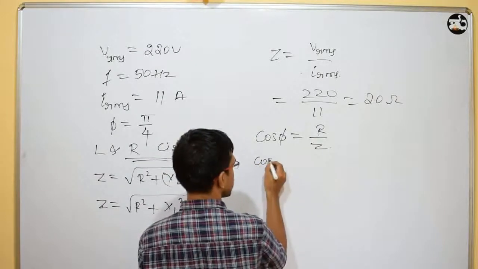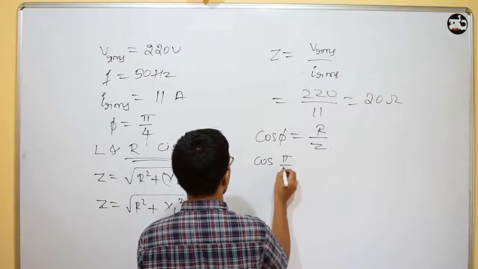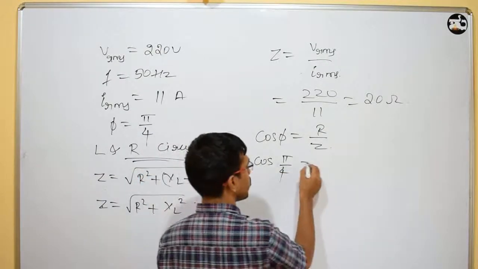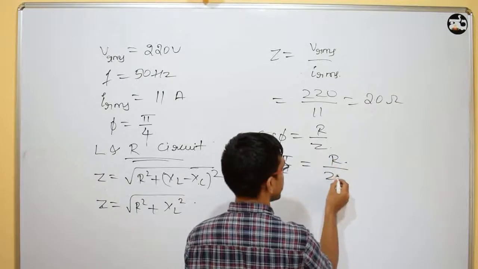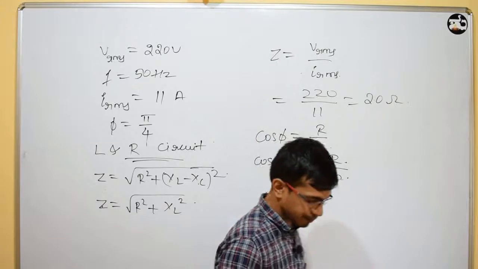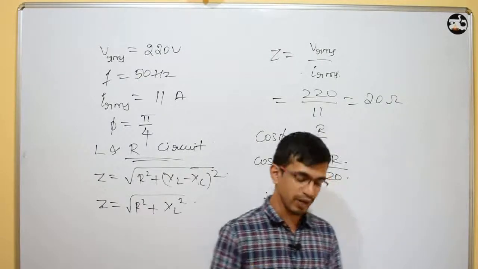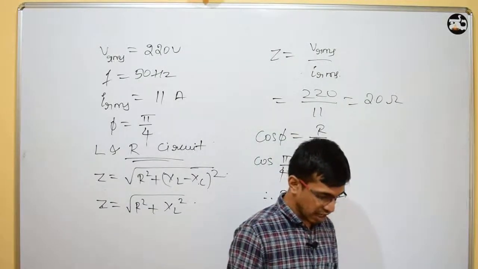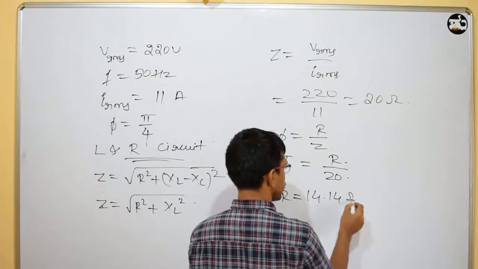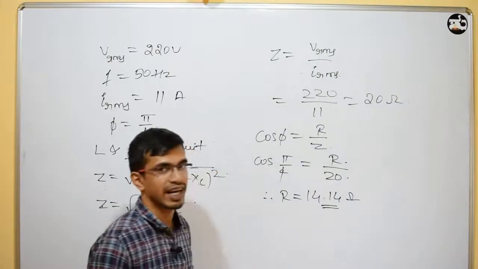We have cos pi by 4 radian, the phase angle, equal to R divided by Z, which is 20 ohm. Cos pi by 4 is 1 by root 2. So I will get R as 14.14 ohm.